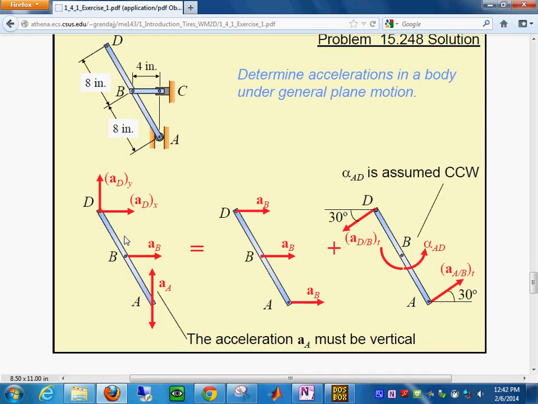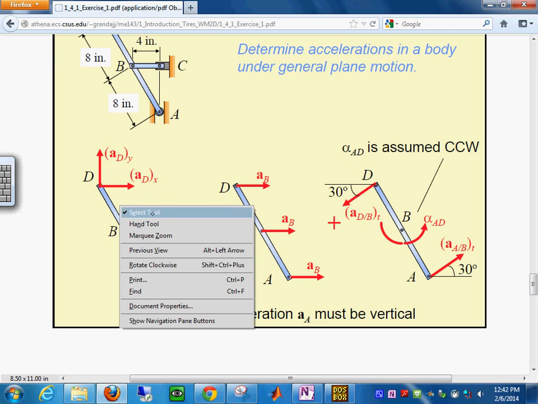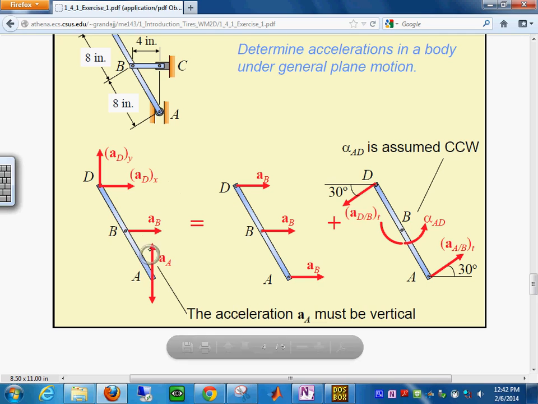Okay, so now if we determine the acceleration of the body under plane motion, this graph contains basically two graphs. One for the acceleration of A, one for the acceleration of D.